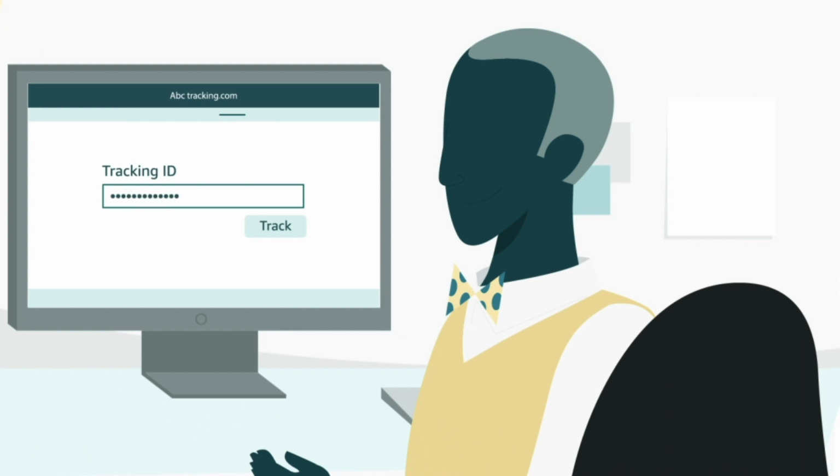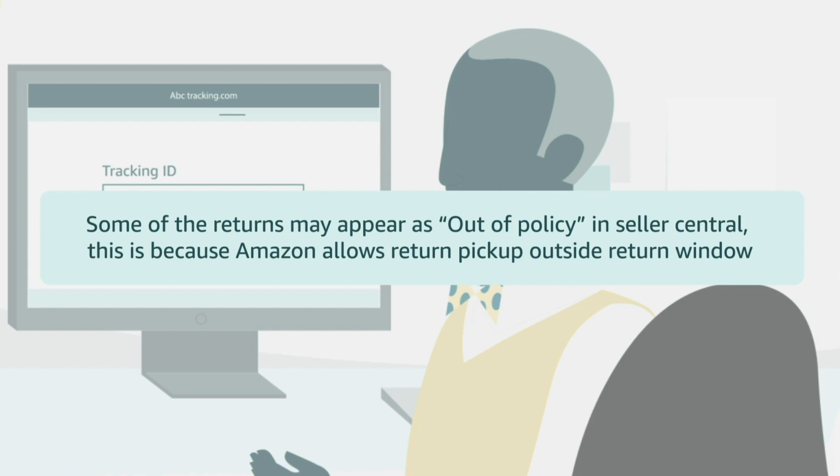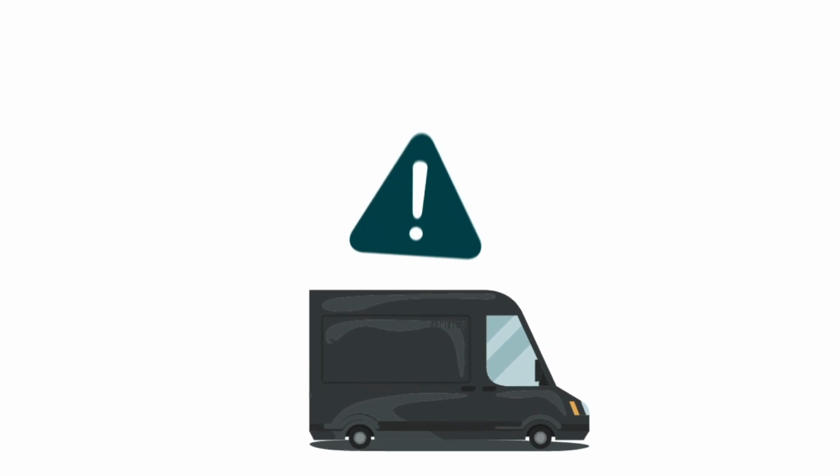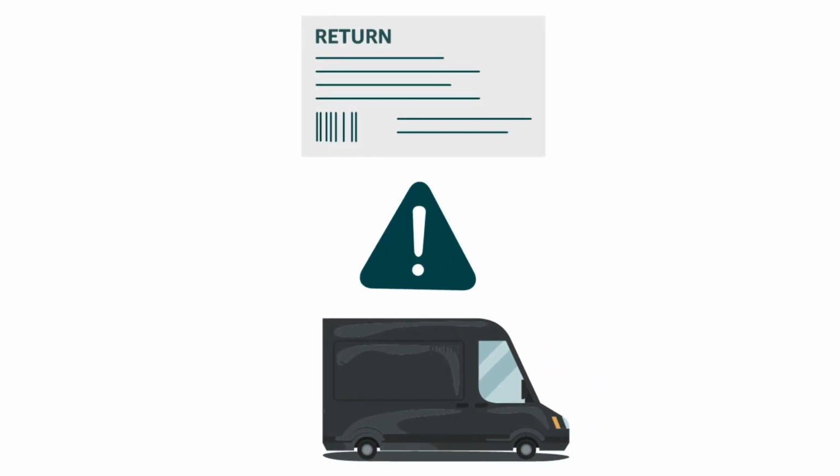Some of the returns may appear as out of policy in Seller Central. This is because Amazon allows return pickup outside the return window for the below cases. Number 1, where the return label has been generated within the return window, but Amazon has not been able to pick up due to certain issues.